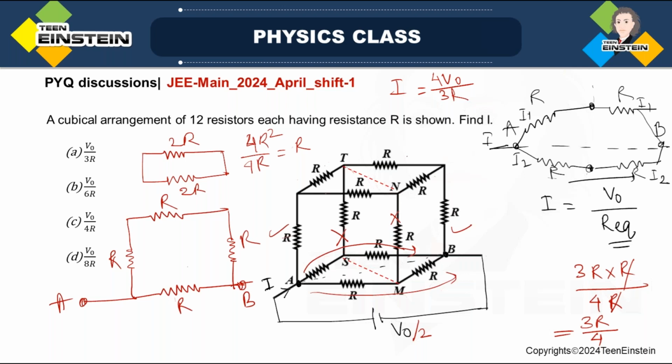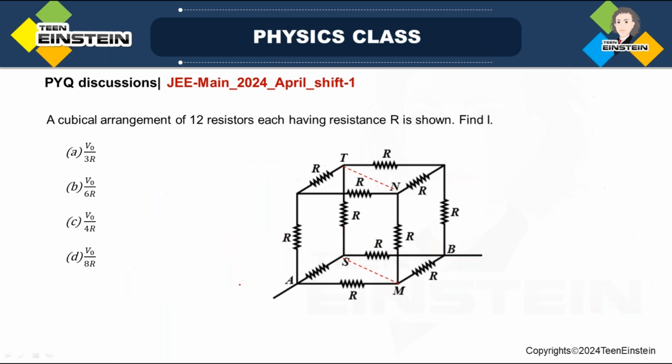Okay, so anyway, I have got the equivalent resistance. Let me just try to find out the current now. So what is the current? See here, actually, I have got this battery V0.